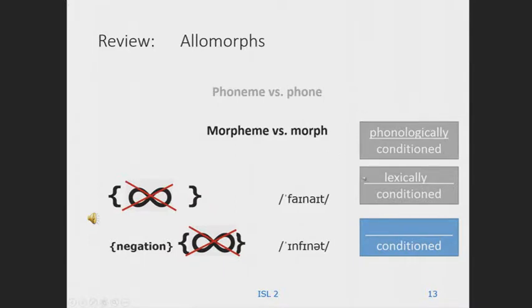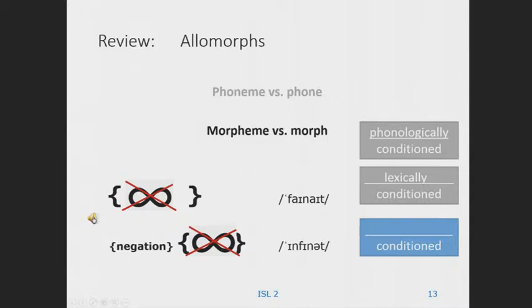So those are then lexically conditioned, but we said we have a third type, which we have in this example. Finite. Infinite. So we've got finite and we've got infinite. Different pronunciation. How are they conditioned? What's the difference between those? So we said we have phonologically conditioned, lexically conditioned.